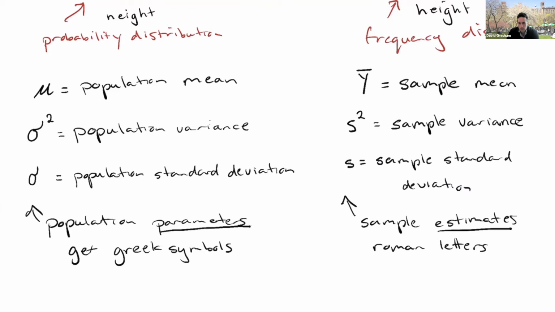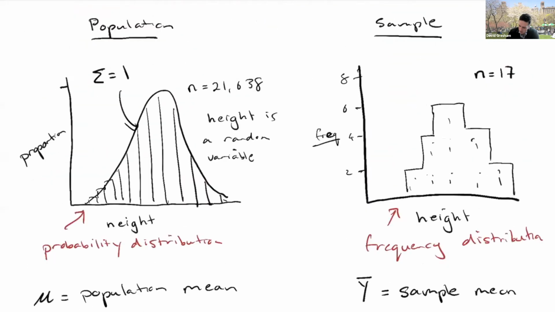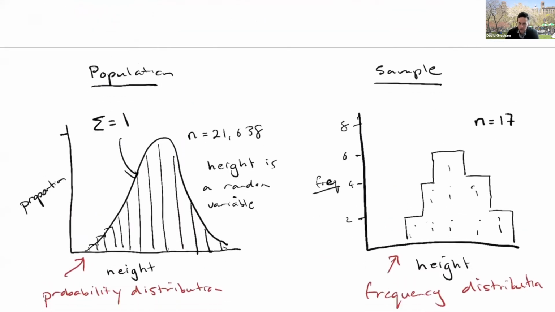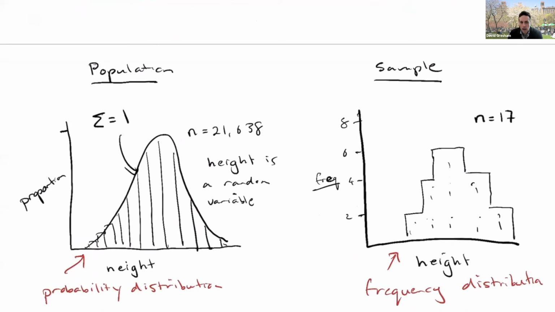And these are the conventions, and this is the terminology that we want to use for these two scenarios in which we're talking about either the population or the sample.